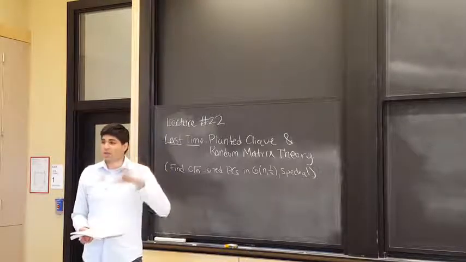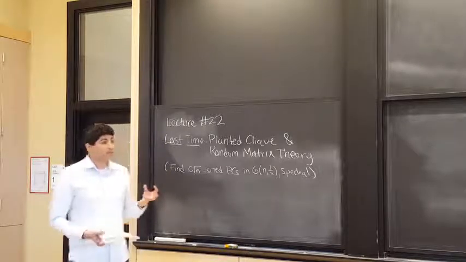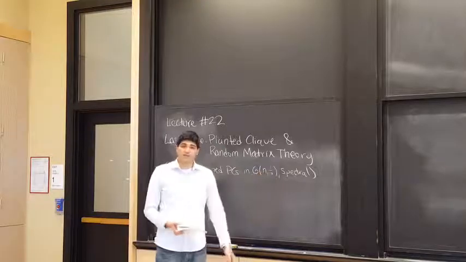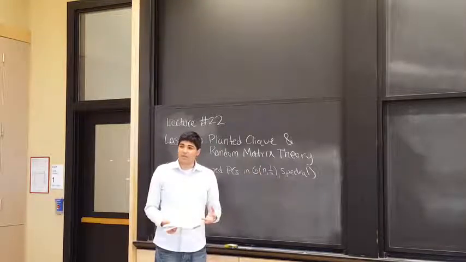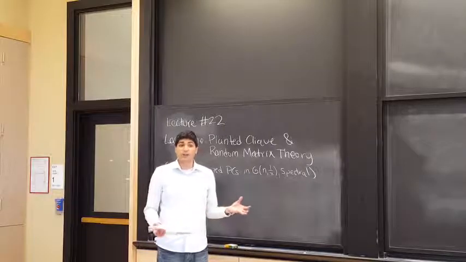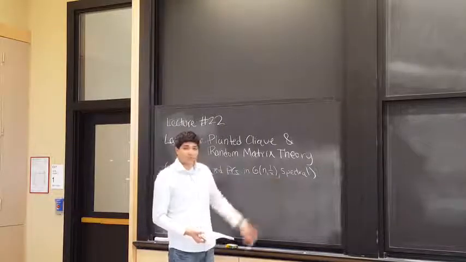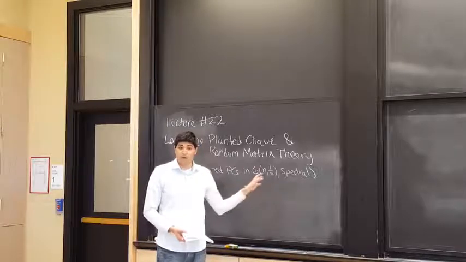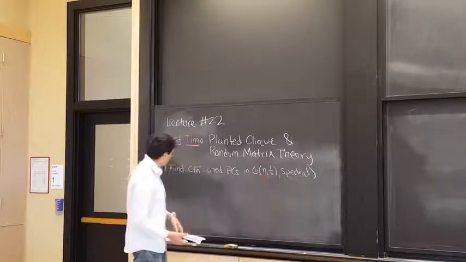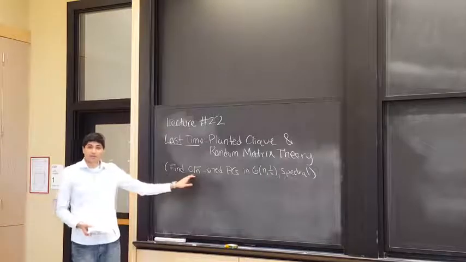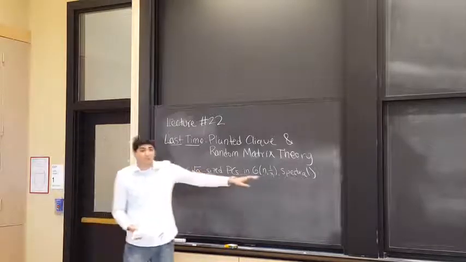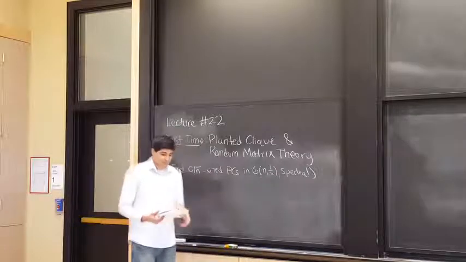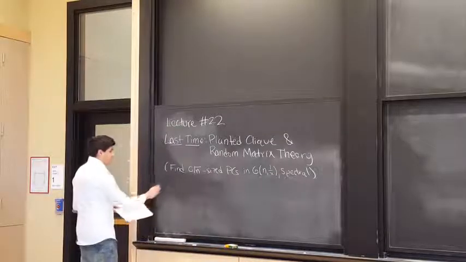And yet we can think about the randomness on top as being some type of perturbation that we can show is small using random matrix theory. So what we're really given is a perturbation of some type of rank 1 matrix, and we can just use the top eigenvector to try and find which nodes actually belong to the planted clique. So the reason we only worked down to C times root n was because those were the types of deviation bounds we got for the corresponding random matrices. So that was the main takeaway from last time.